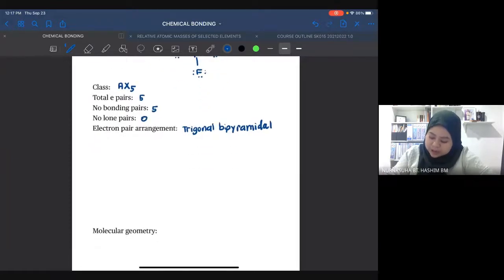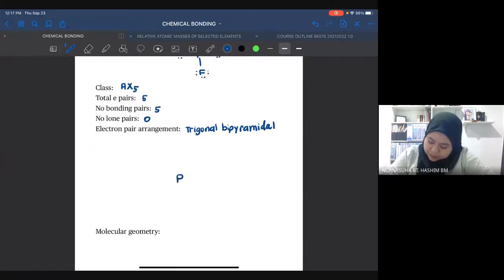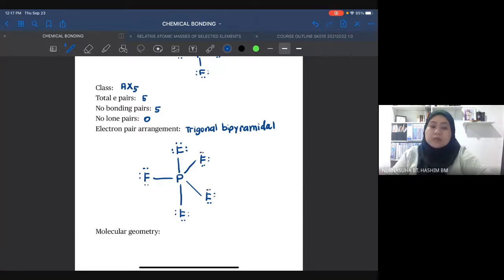So to draw trigonal bipyramidal, P is in the middle. Satu atas, satu bawah. Satu kiri, 2 kanan. Okay, so this is the structure for trigonal bipyramidal.